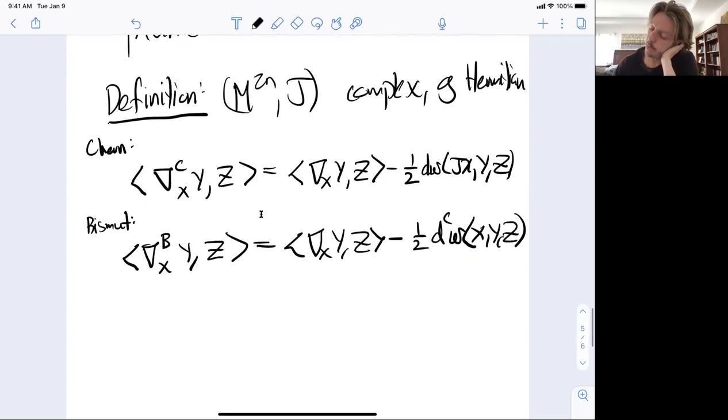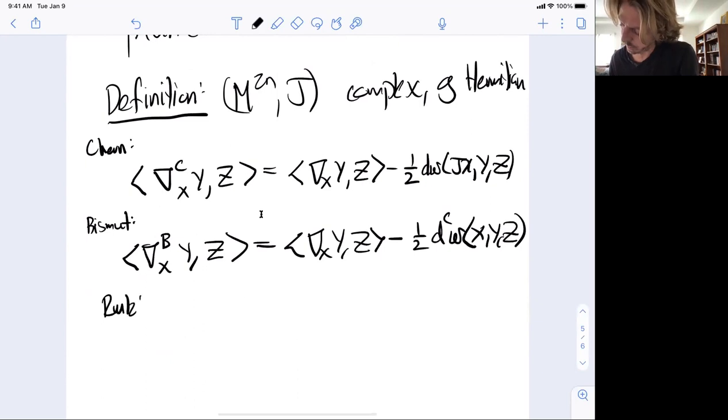I've expressed these as connections on the tangent bundle. The key point is that they're both metric compatible and preserve the complex structure as well.